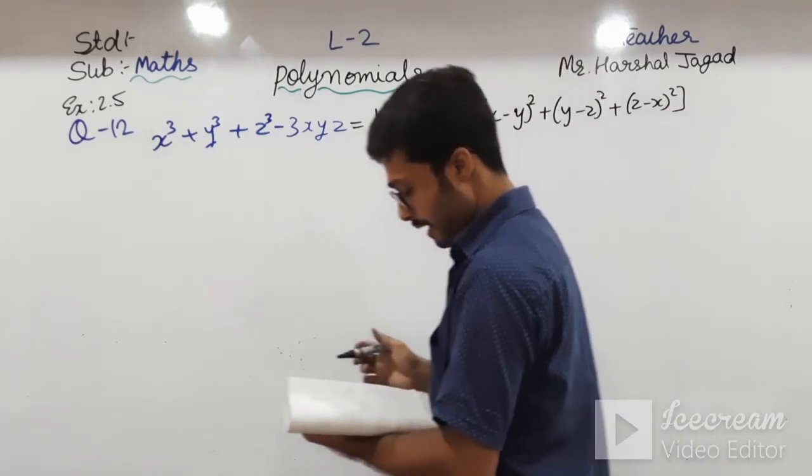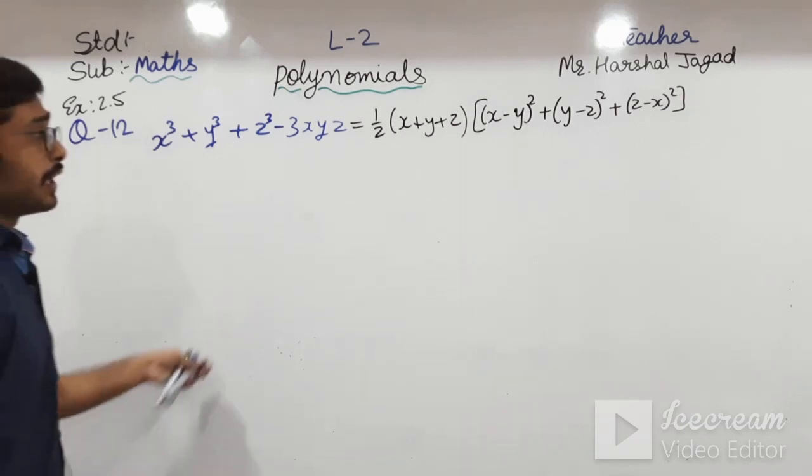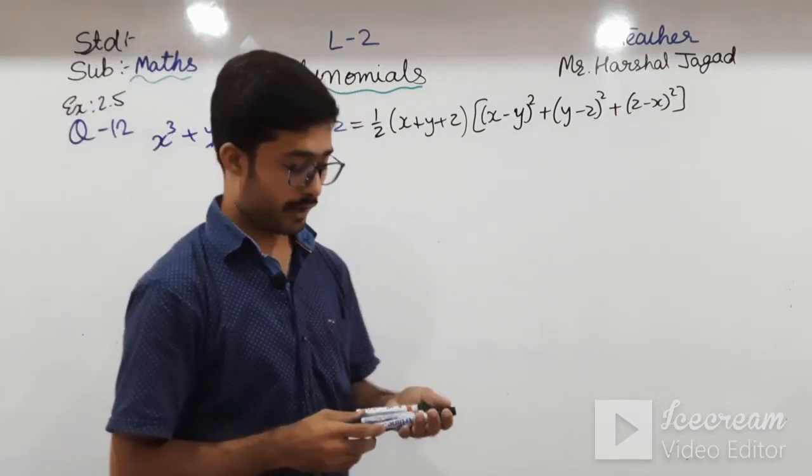Okay students, now we have to solve this. First of all, try it on your own in your homework. Okay students, you have to try this RHS on your own in the homework.